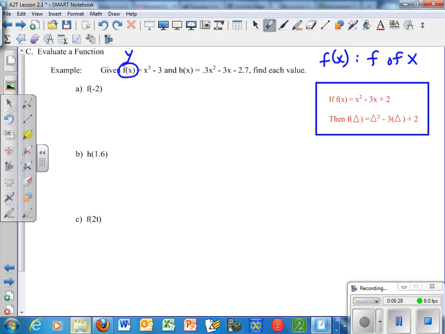It's kind of like a y. That's what you want to think of. This would kind of be like a y also. It's read h of x. So it's the function h that has the variable x in it. So if I'm doing f of negative 2, I want to look at function f. So f of x is x cubed minus 3.